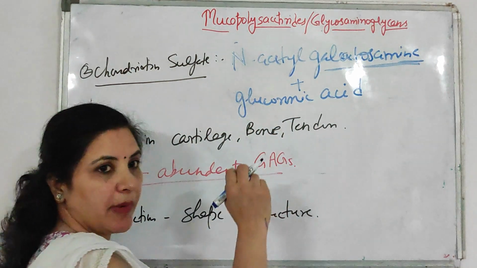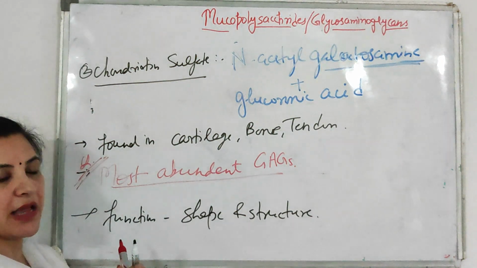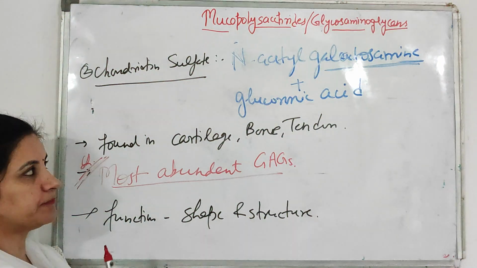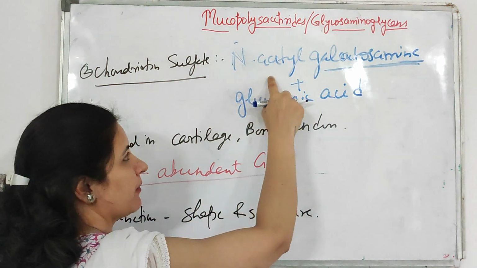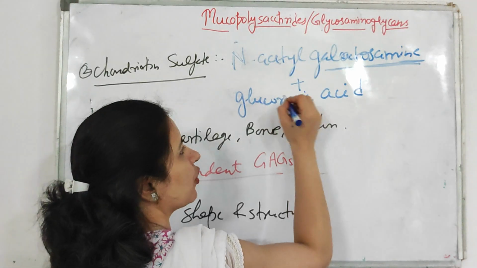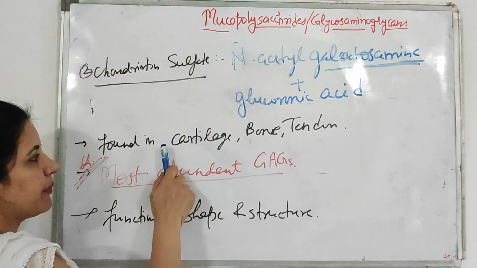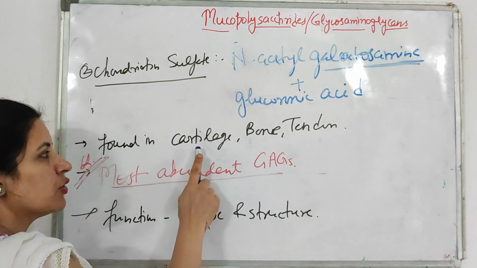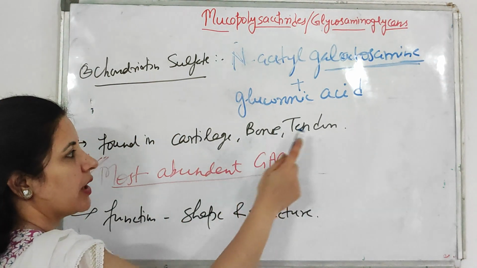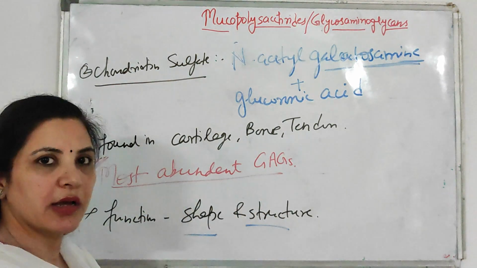Galactose sugar is there in the amino sugar, that is N-acetyl galactosamine, while all other GAGs have glucosamine. The composition is N-acetyl galactosamine plus uronic acid, that is glucuronic acid. It is the most abundant GAG, and chondra means cartilage, so it is present in cartilage, bone and tendon, and its function is to provide shape and structure to the organ.